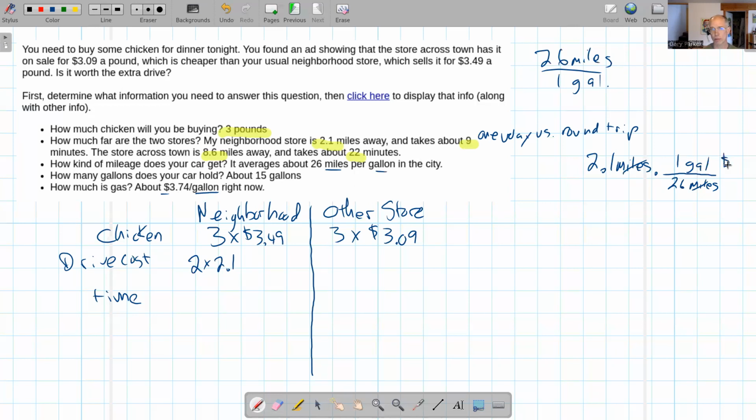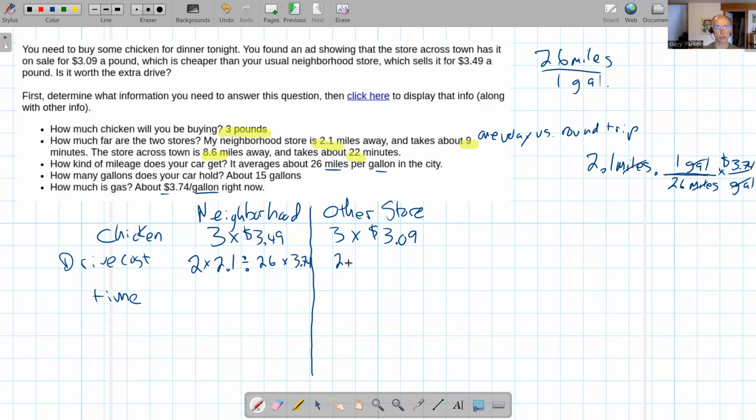And we have $3.74 per 1 gallon. So that'll get rid of the gallons, and now this calculation right here, divide by 26, multiply by 3.74, will do that conversion. So let's see, we double the miles, we divide that by 26, and we multiply that by 3.74. We'll do a similar thing here.